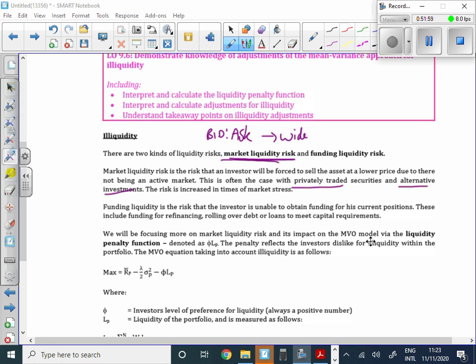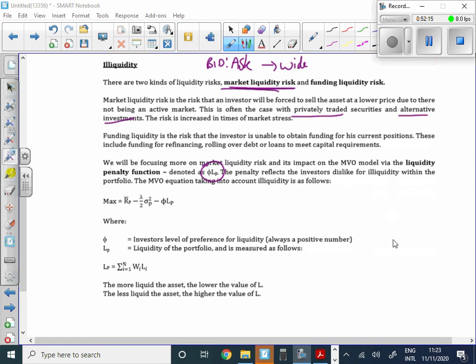Okay, and based on that, we need to introduce what we call a liquidity penalty function, which is denoted by that. What does that show me? That shows me investors' dislike for illiquidity within my portfolio. They don't want too many illiquid investments, so we need to take that into account via what we call the liquidity penalty. Okay, and there is your formula for that.